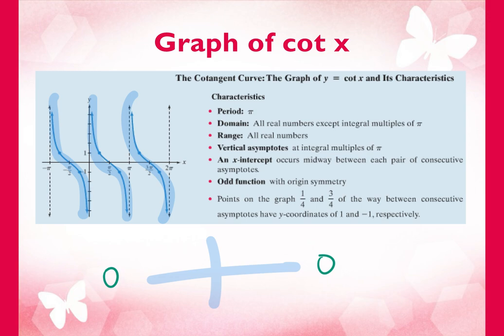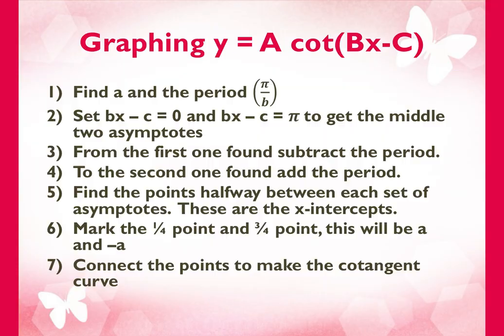If my tan was undefined, what's cotangent? 0. The reciprocal of undefined would be 0. So we set bx minus c equal to 0 and pi for cotangent. That and the overall shape, like we point up to the left and down on the right, those 2 things are the only differences between tangent and cotangent.